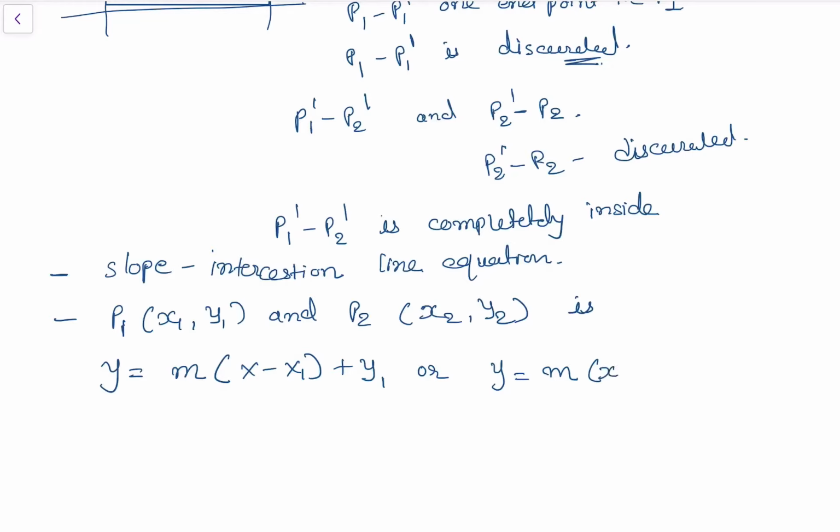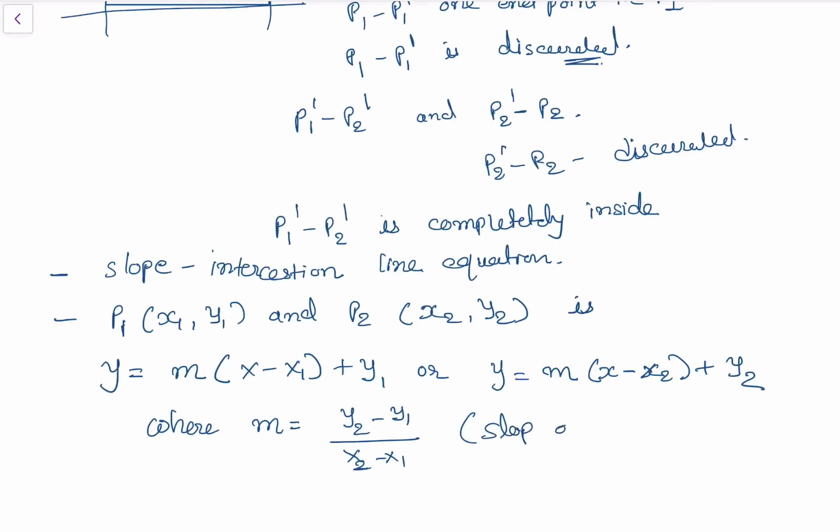So consider the x value as x - x2 and y2 will be constant, where m = (y2 - y1) / (x2 - x1). This is the slope of the line.